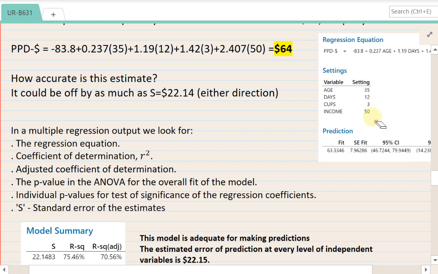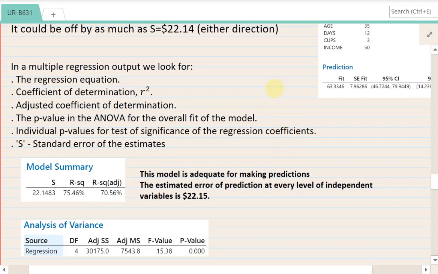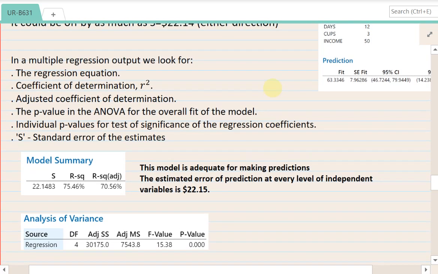Okay, now again here I'm just going over the things that we look for in a regression output. So I'm going to go through these bullets now, to make sure I covered all of these things that we typically look for. We will look at the regression model, which of course I've used, I showed it to you. We looked at the coefficient of determination, of course, yes, R squared, that's the coefficient of determination, and there it is right in here, R squared.